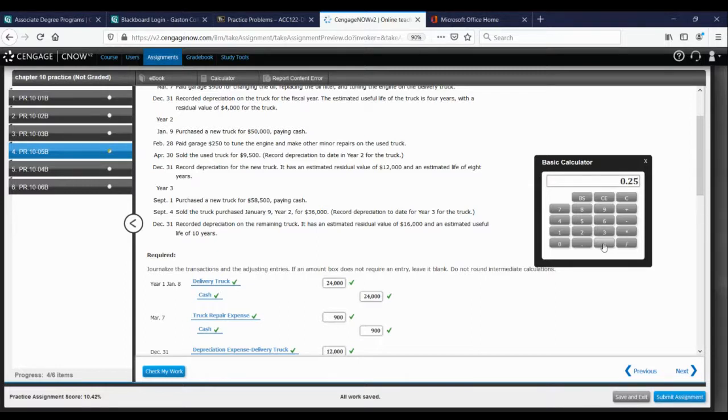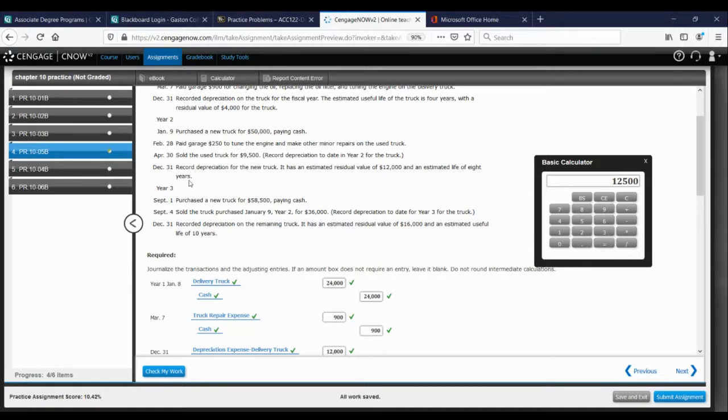Our depreciation rate for our second asset, the new truck that we bought, is 25%. So at the end of the first year, we're going to multiply that 25% times the cost of the asset, which is equal to the book value of the asset. The cost of the asset was $50,000. So 50,000 times 25% will give you 12,500.